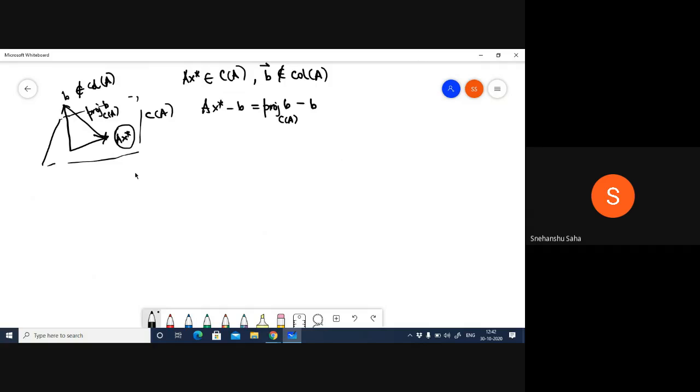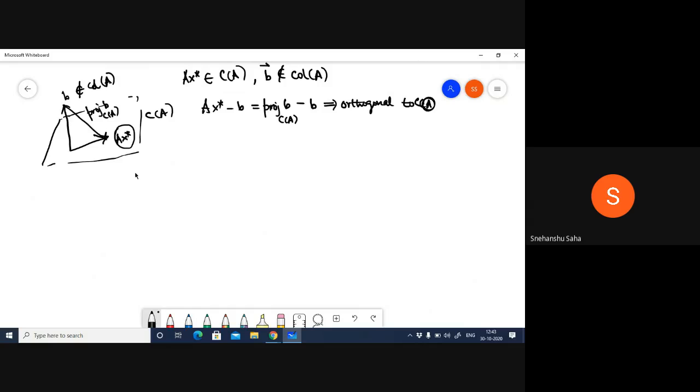It may or may not be apparent from the way I drew it, but you have to drop a perpendicular. So this is orthogonal to your column space. It has to be orthogonal to your column space.